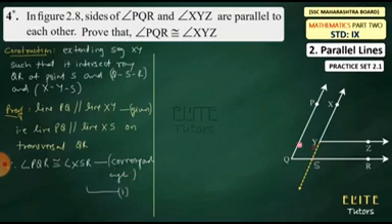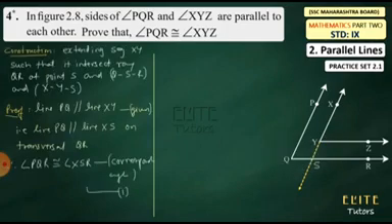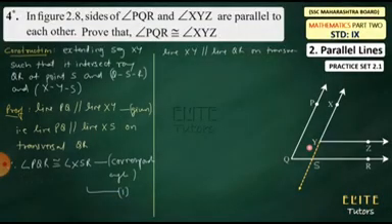Now student, we have taken one angle and proved that angles Q and S are congruent. Similarly we can solve the other angle and prove Y and S are congruent by corresponding angles. So students, we will write line XS is parallel to line QR. Here there was a typing mistake: XY is written, but instead of XY you have to write YZ.